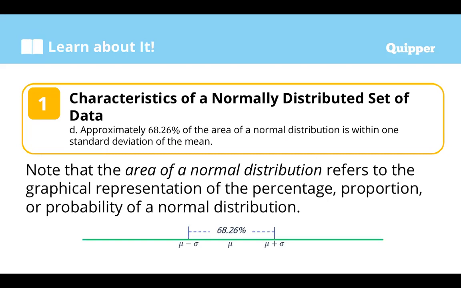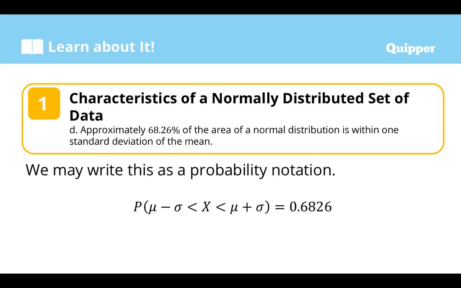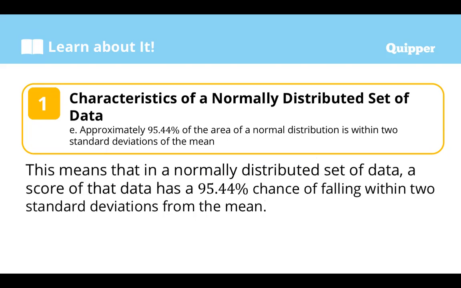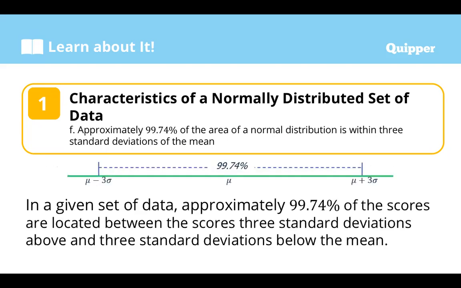D. Yung ating 1, 1, that is 68.26%. 2, 2, 95.44%. And 3, 3, 99.74%. Okay? So let us have a deeper understanding about the DEF.